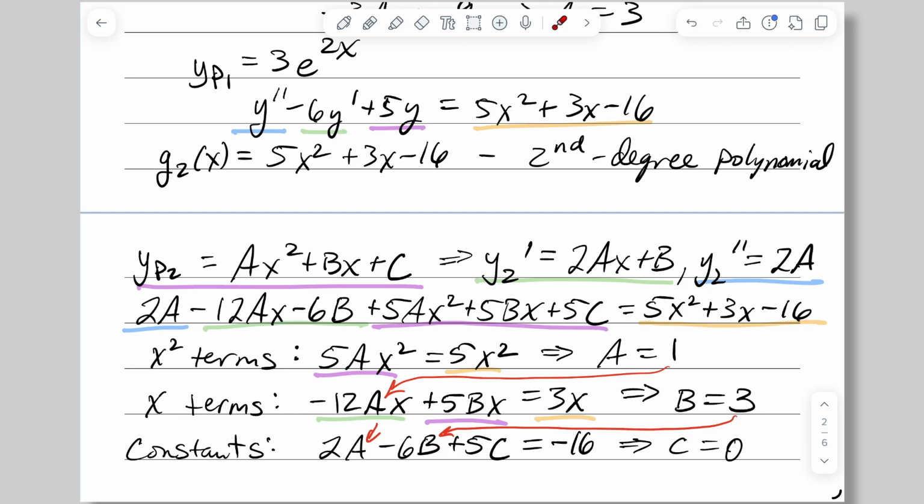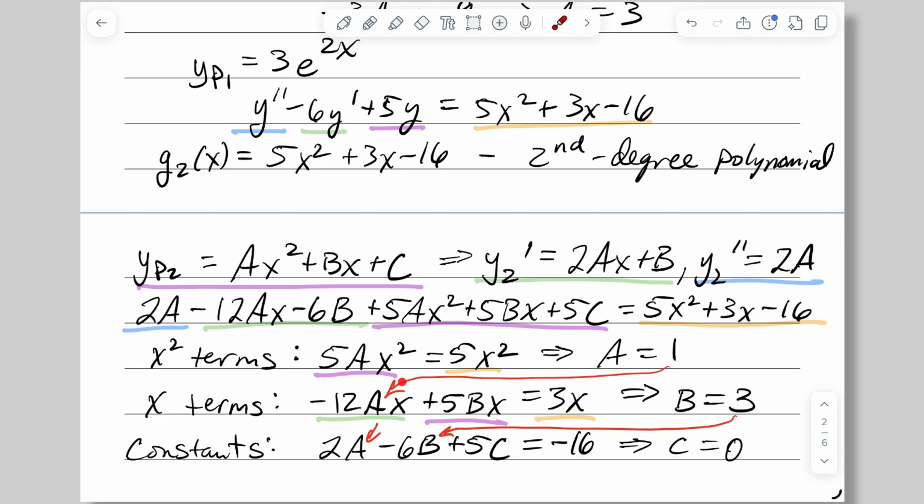And now what I've done is gather together all the x squared terms on the left and right, so I can see that 5ax squared equals 5x squared, thereby giving that a is equal to 1. At this point, it maybe feels a little bit like partial fraction decomposition. I think that's appropriate. For the x terms, we have negative 12ax plus 5bx on the left is equal to 3x on the right.